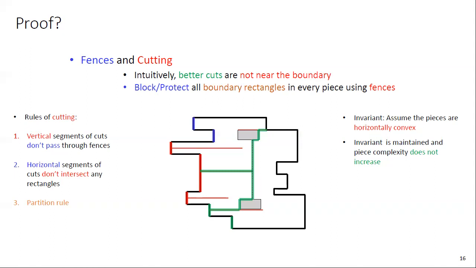And you can notice that it also maintains the fact that the pieces are horizontally convex. And by choosing carefully the size of these groups and so on, we can maintain that the number of edges is at most 26 for all the pieces. Okay, so that's basically the idea, to define this partitioning.